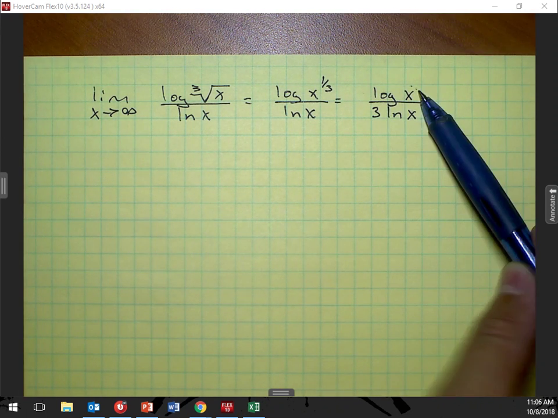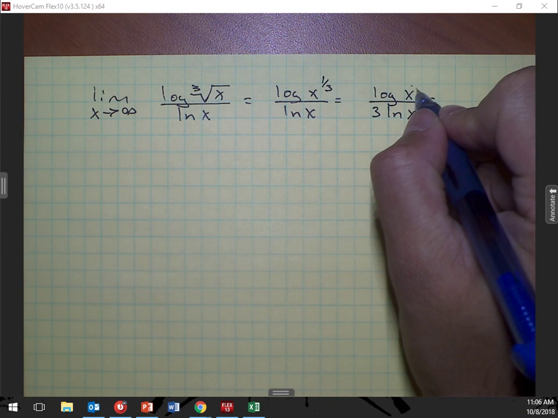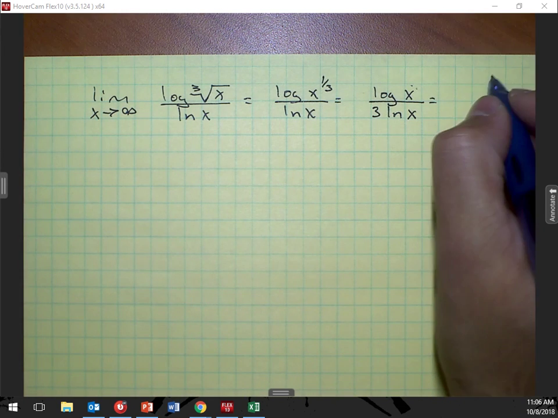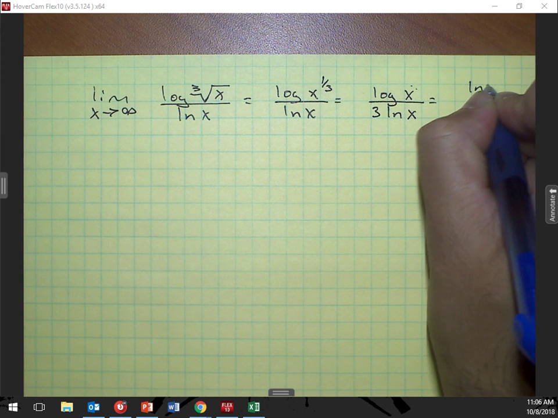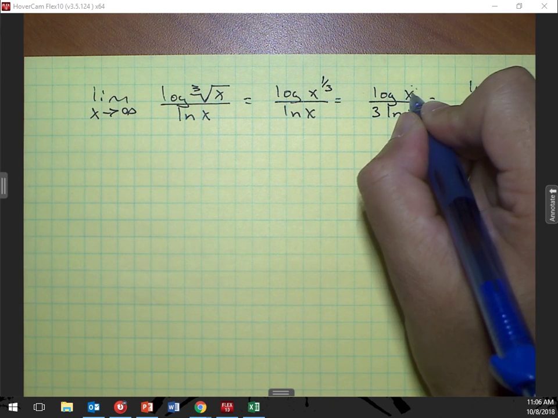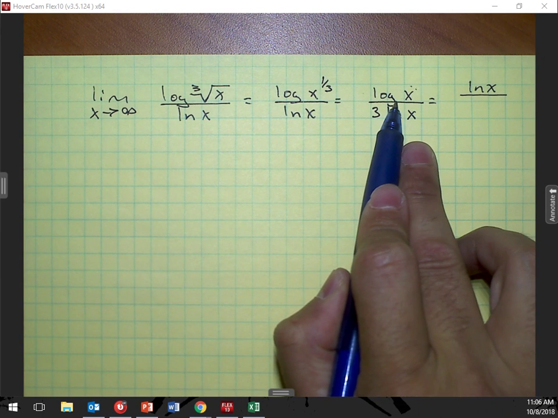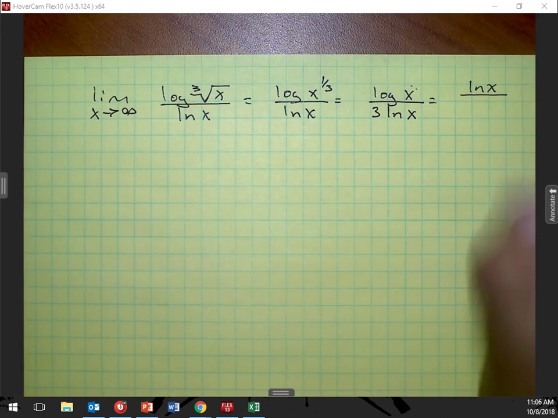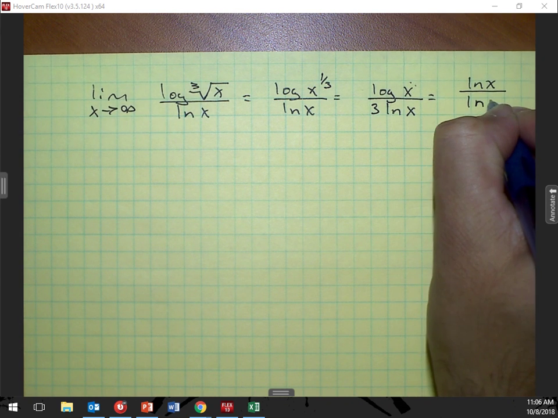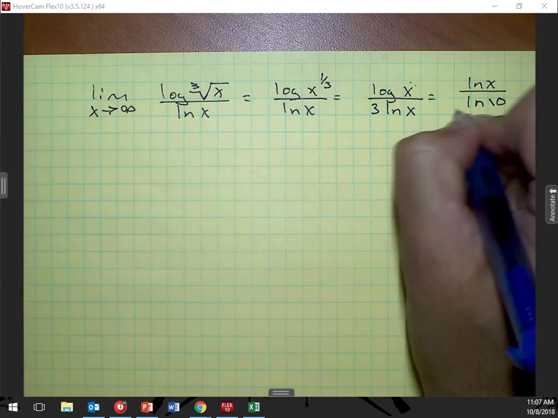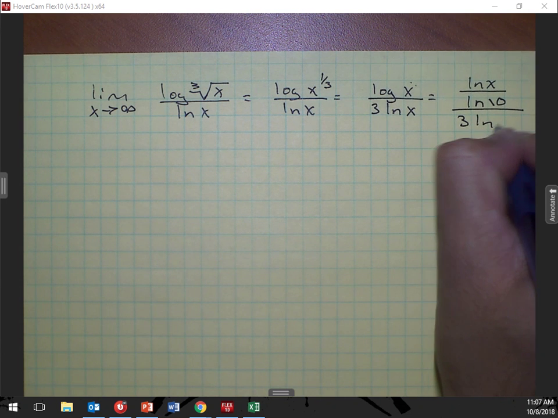By doing that, it's going to turn into ln of x, which is this right here, over ln of, what is the base of log? 10. So it's going to be ln of 10, all over 3 ln of x.